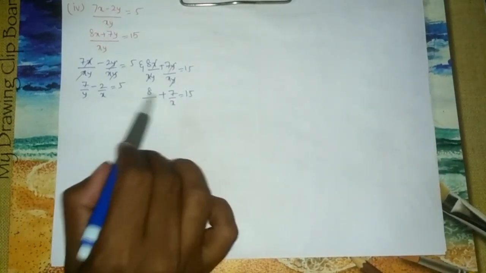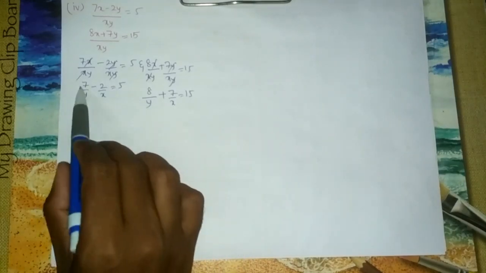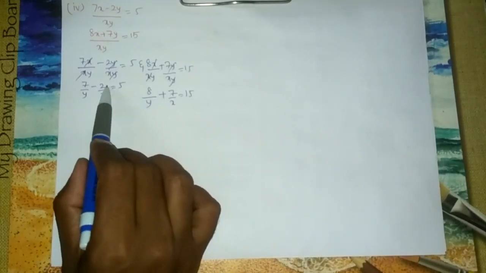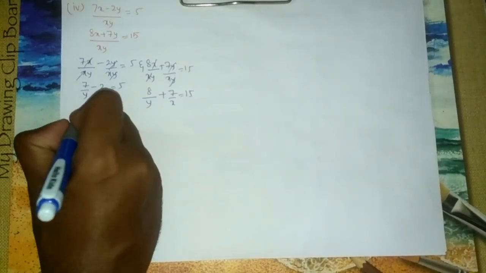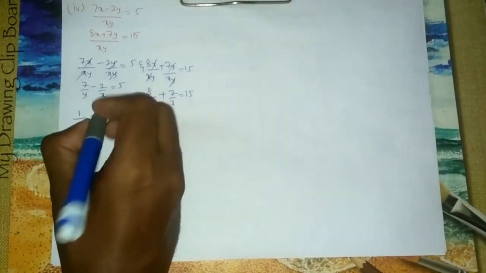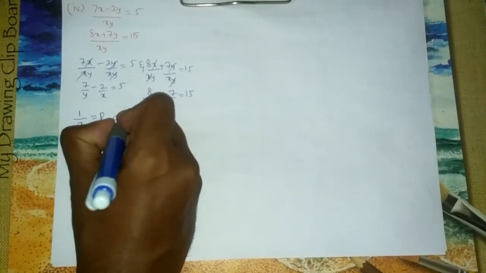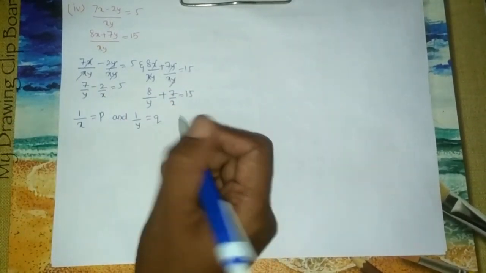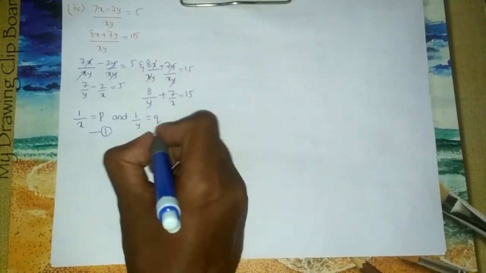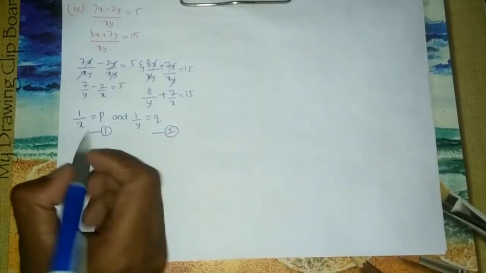Now observe, in these two equations we have 1 by y and 1 by x as the same term, so I can substitute 1 by x equals p and 1 by y as q. Let me call this equation 1 and this equation 2.